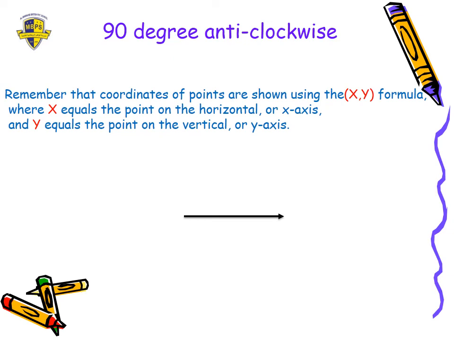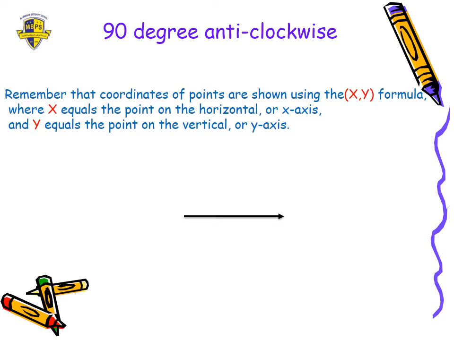Now let's learn the new rule for anti-clockwise. We will use the same rule: X and Y, we will change the places of X and Y, so it will be Y and X. But now, which one do we have to change the sign of?